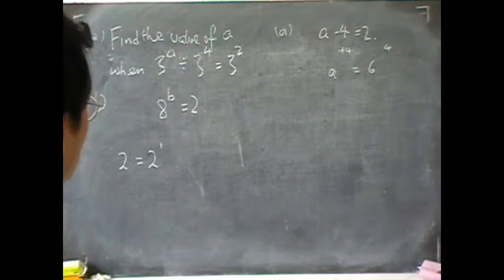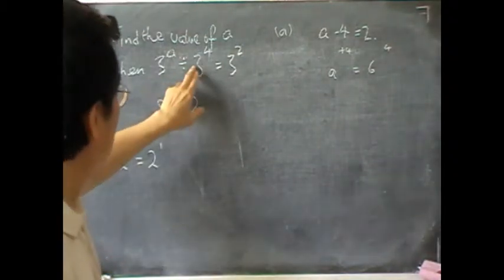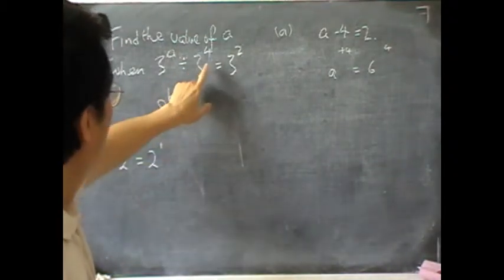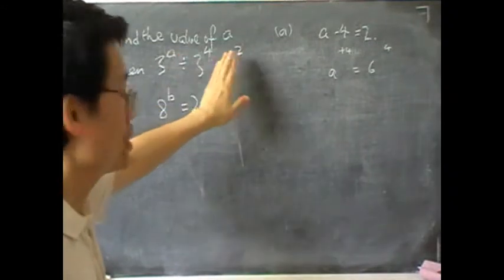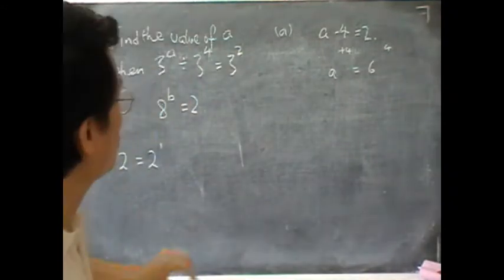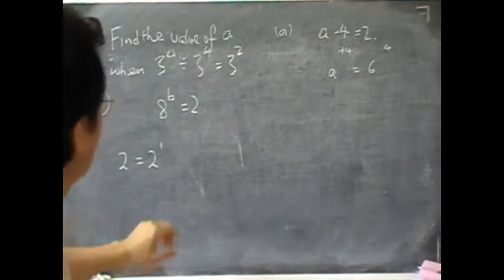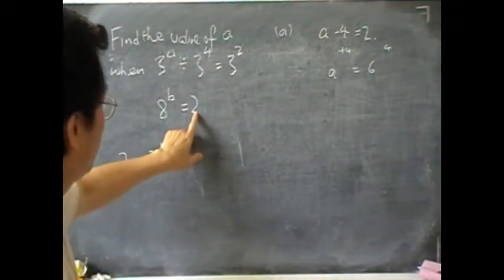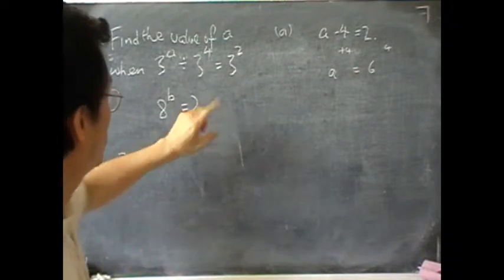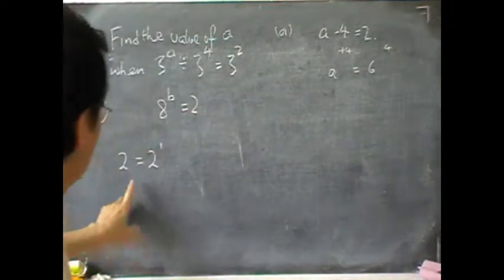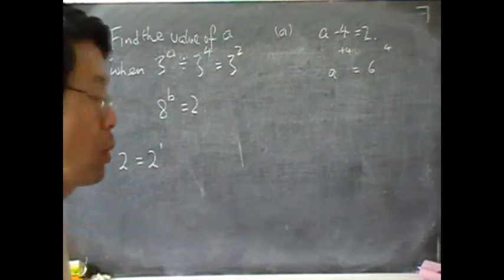Now we need that because, like in the previous question, we have to do it by comparing the powers, and then hopefully we can write down an equation for the powers.